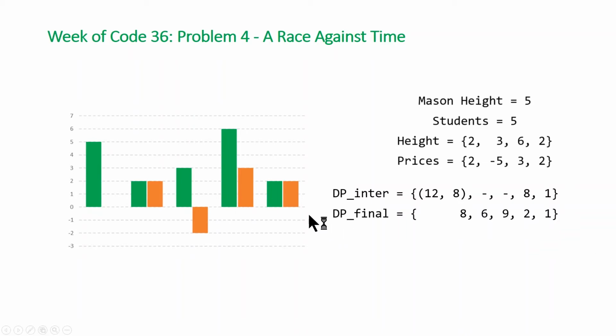Note that it would be 1 for the last student, 2 for the second last student, and then these are the other values that you would get from the first and second other students. And our answer is going to be in the first index of our DP array, which corresponds to the minimum value that Mason can get to Madison in.